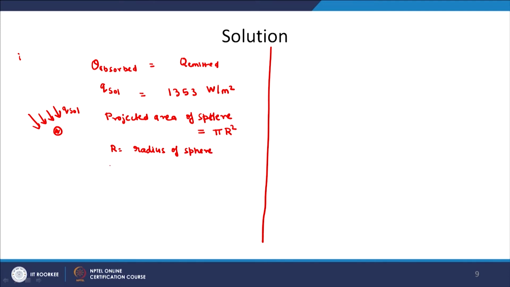So, the total energy absorbed by the sphere is equal to Q solar times pi r square. The radius can be anything. So, the total energy absorbed by the sphere is Q solar into pi r square. Now, Q emitted.